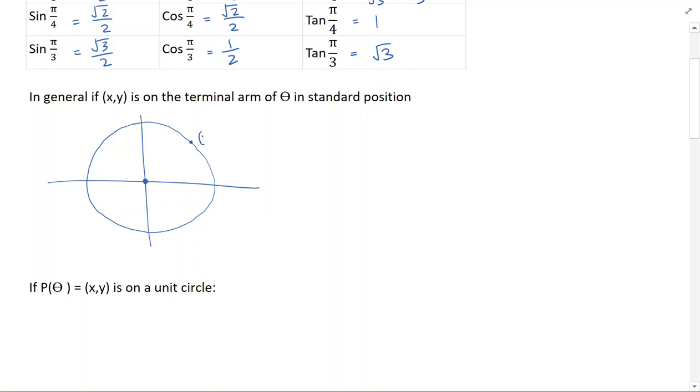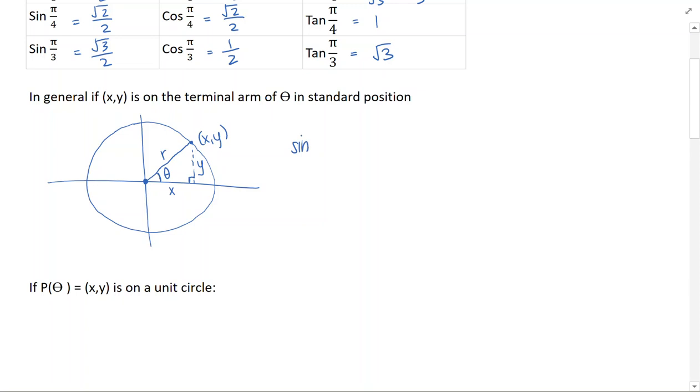And we have some point x, y on the terminal arm at some angle theta. So we draw a line straight down. We know that the height is basically our y, the horizontal is basically our x, and our radius is basically what we'll call r, okay?